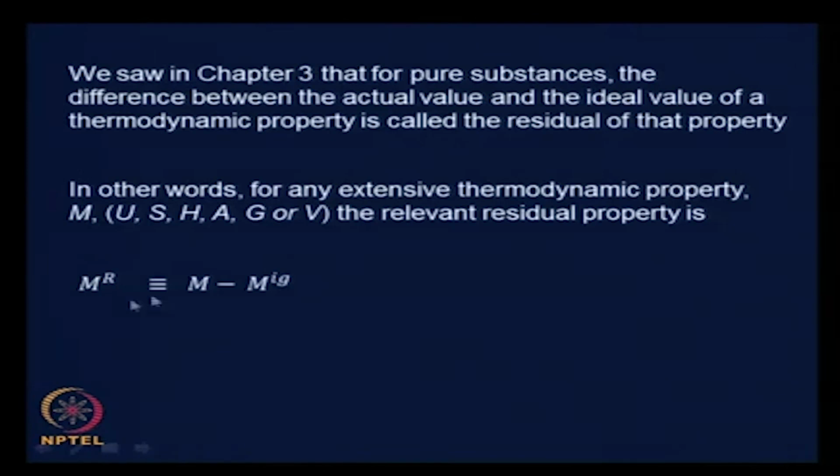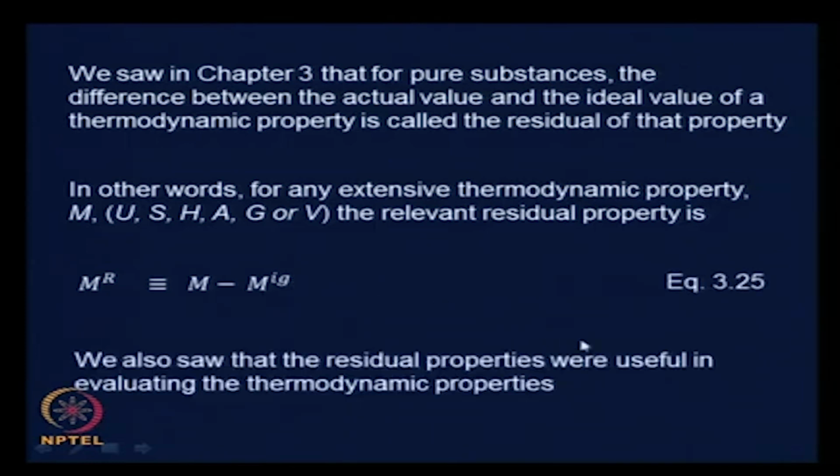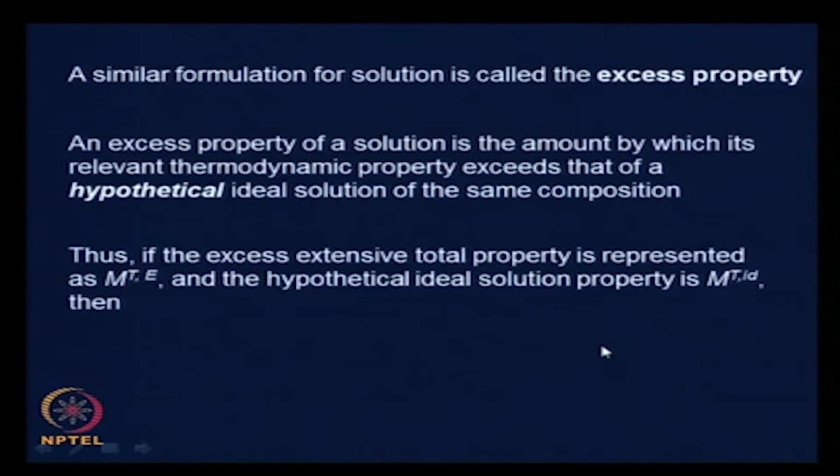In other words, MR, the residual property, is defined as M, the actual property, minus M ideal gas. An excess property of a solution is the amount by which its relevant thermodynamic property exceeds that of the hypothetical ideal solution of the same composition, and we had given this MTE equals M minus MT ideal gas.